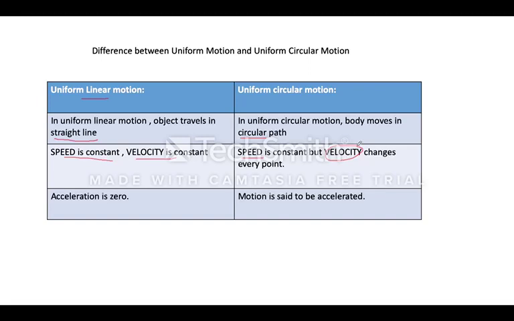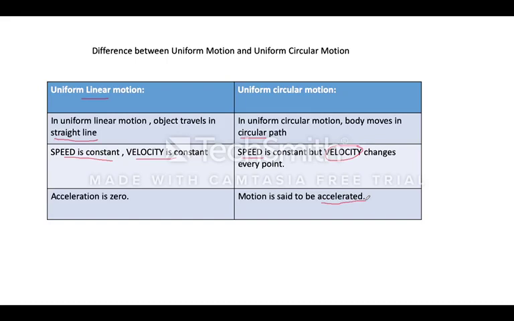Remember, velocity is a vector quantity, and a vector quantity has a magnitude and direction. Magnitude means the numerical value. The numerical value of the velocity is constant in uniform circular motion, but the direction is always changing. This is the reason why we say the velocity is changing. Since the velocity is changing in uniform circular motion, acceleration is also produced.